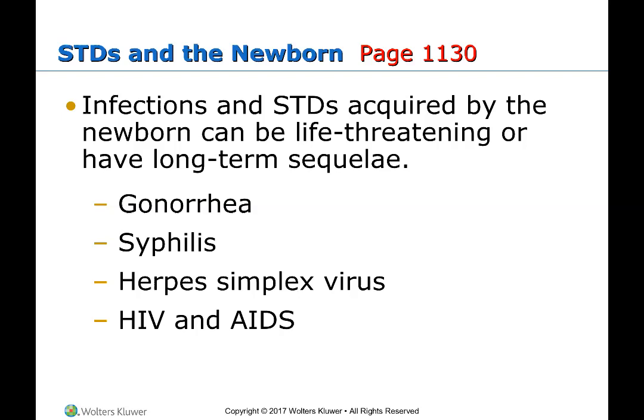Okay. HIV and AIDS. So we know that if a pregnant woman was infected with HIV, or had AIDS, if it had progressed to be called AIDS, it would still be the same virus. HIV can be transmitted during pregnancy via the placenta, also during delivery or afterwards through breastfeeding.